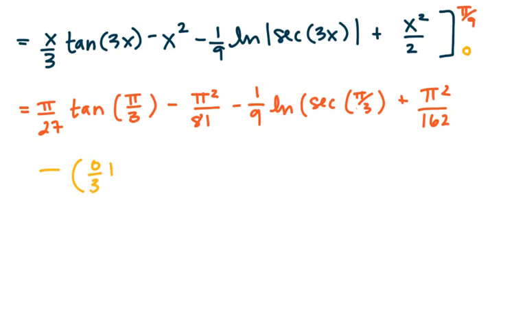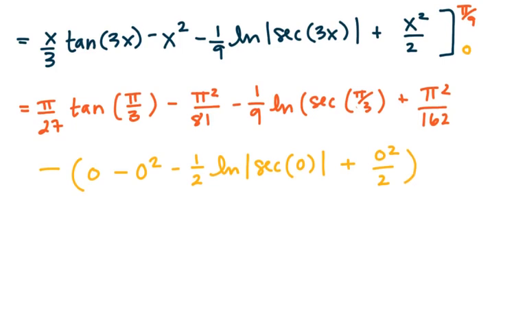So I'll have 0 of that tangent of 3 times 0. Well, 0 of anything, that first term will be 0. Minus 0 squared minus 1/9 times the natural log of whatever the secant of 3 times 0 is. So I'm just going to call that secant of 0 there. Plus 0 squared over 2, which would again be 0. And I notice here I said 1/9, but I wrote 1/2, so I'm going to correct that right there. That should be a 1/9.